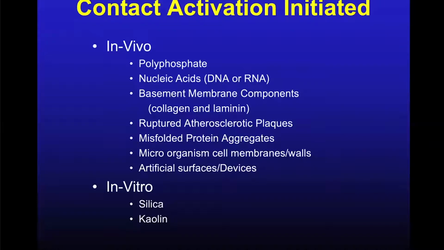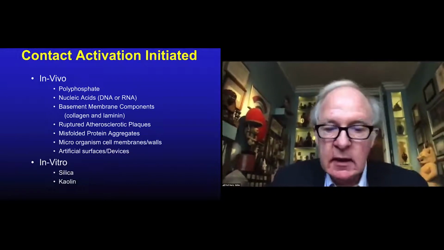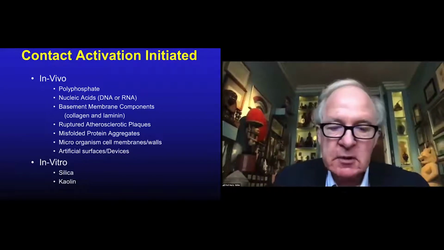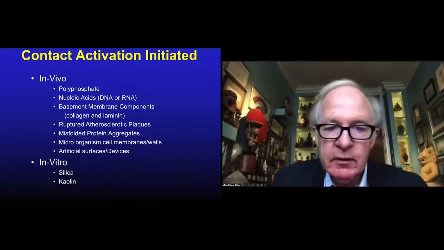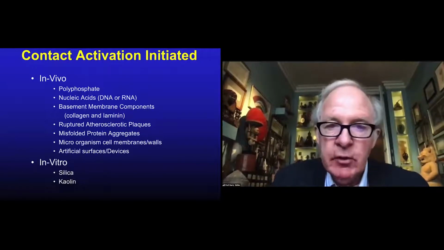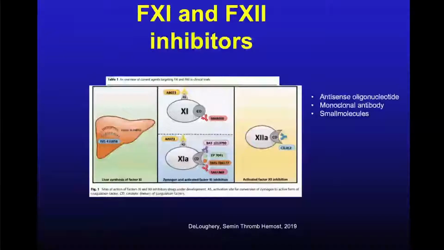As you can see, the polyphosphate, the nucleic acid, but if you go down that list, quite a number of compounds that are present in disease really can start that. Classically, we looked at silica and kaolin in our test, but the bottom line is that in normal physiology or pathophysiology, the number of agents that can start that process is numerous.